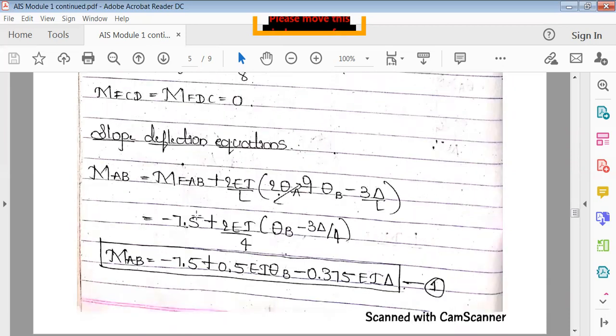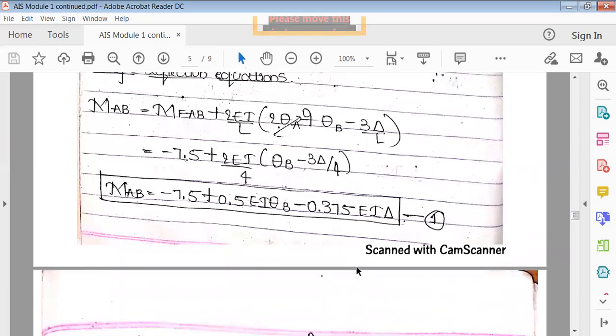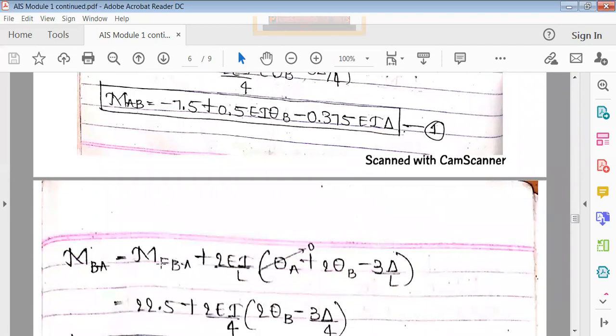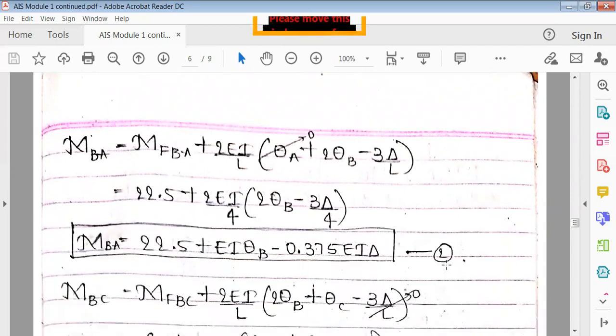Then substitute all the values here, and then you'll get MAB. So equation number 1. Then second is MBA. Again, MBA is MFBA plus 2EI by L, theta A plus 2 times theta B minus 3 delta by L. Then substitute all the values, you'll get the second equation.